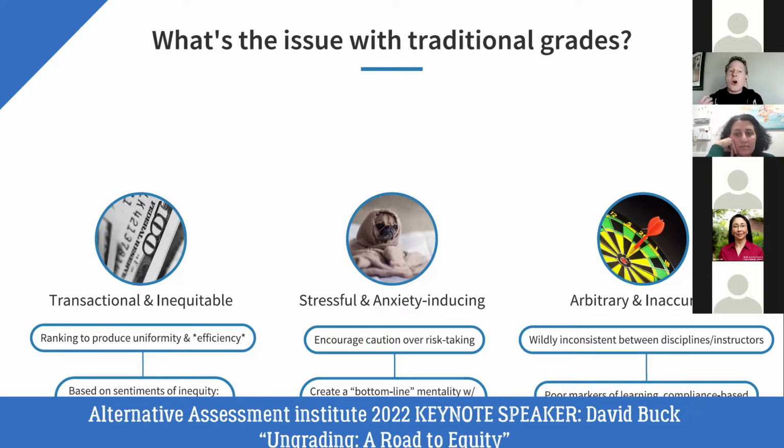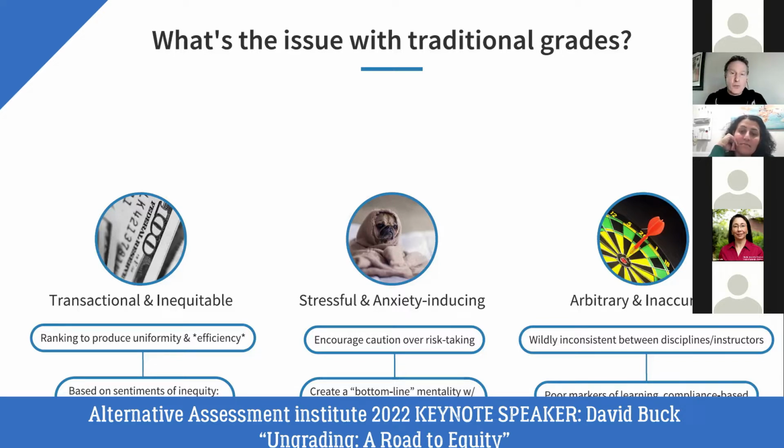Finally, grades are arbitrary and inaccurate. I've been in many norming sessions in composition faculty meetings, and it's wildly inconsistent the way that professors view what is an A, what is a B, what is a C. And it varies between disciplines hugely, with humanities or STEM areas. There is really no consensus, and grades would be great markers of learning if we all could reach a consensus of what an A means, what a B means, what a C means.